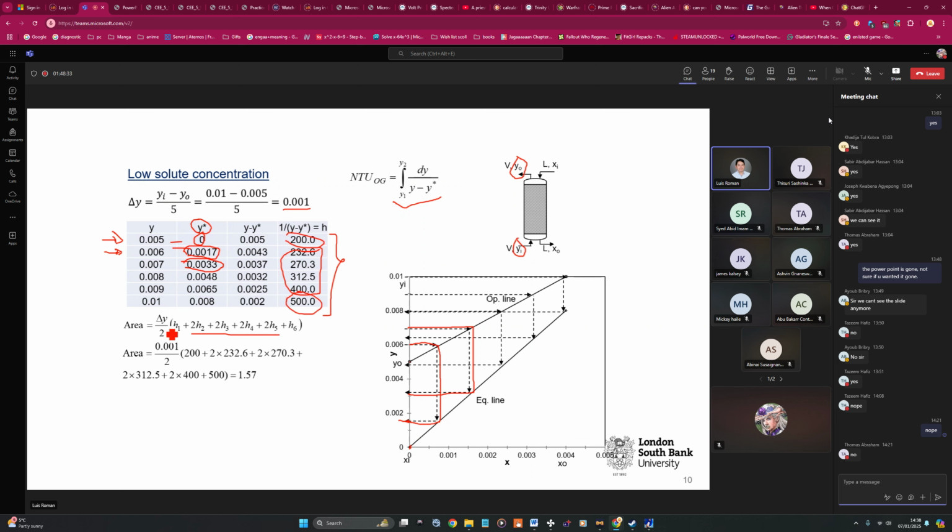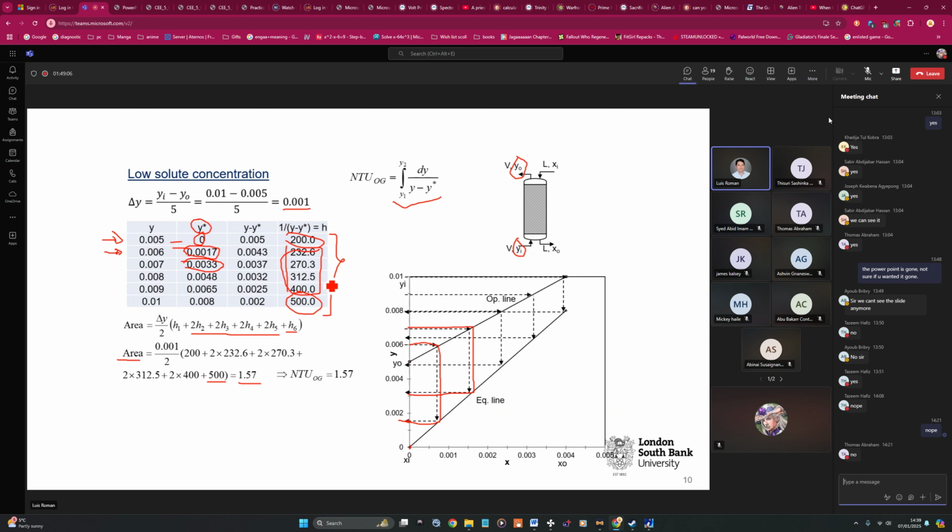Delta y is this step change, 0.001 divided by 2, then times the function evaluation, so we have h1, 200, then 2 times the addition of all of these evaluations in between, plus the value h6, 500. After doing these operations, it gives you an area of around 1.57.